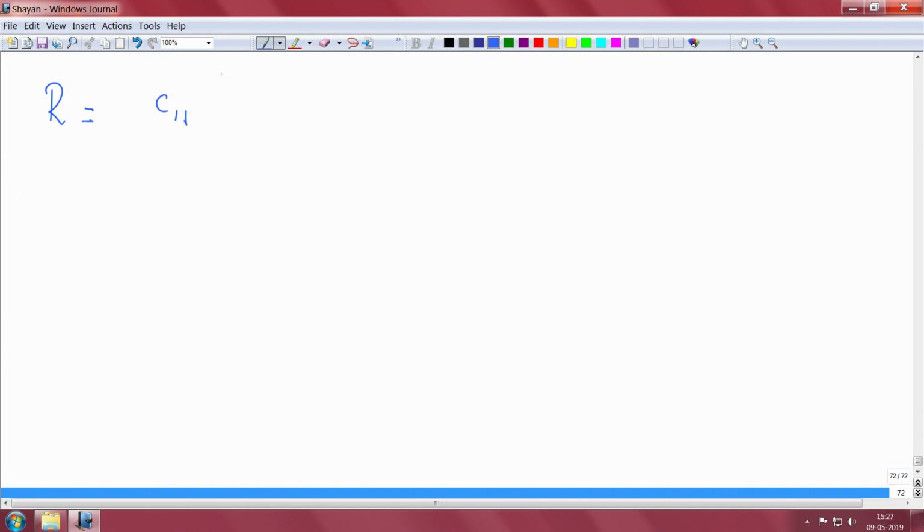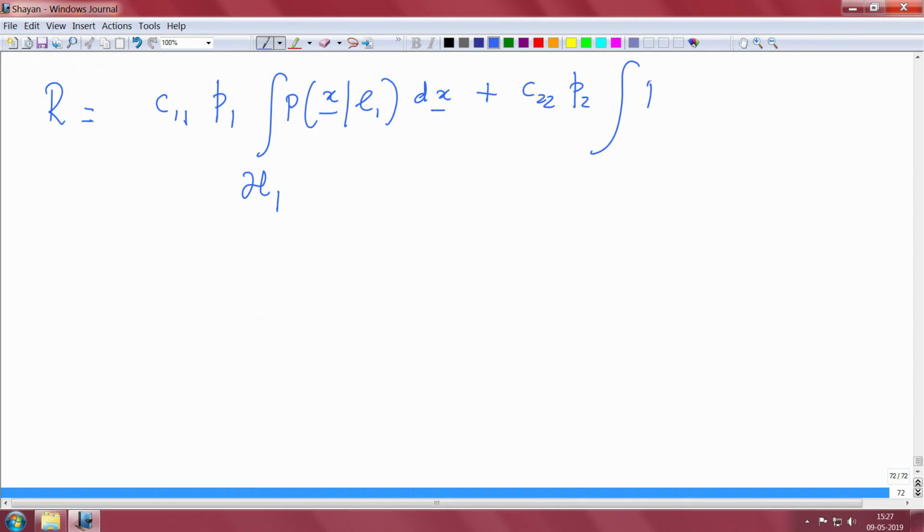So, it is going to be C11 times P1 times integral over space H1 of p of x given C1 dx plus C22 P2 times the integral of p of x given class 2 dx, and this observation space is H2, and you can say this is H minus H1.